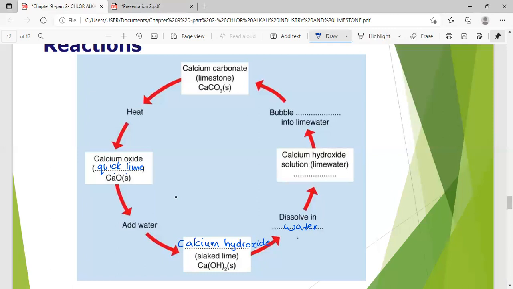But when it is completely dissolved in water to form a colorless solution, you call it lime water. What will be the chemical formula here? It's calcium hydroxide, but in aqueous state. So you see the difference. Slaked lime is calcium hydroxide in solid state, and lime water is calcium hydroxide in aqueous state, dissolved in water.